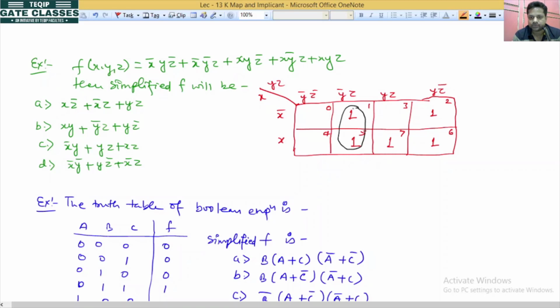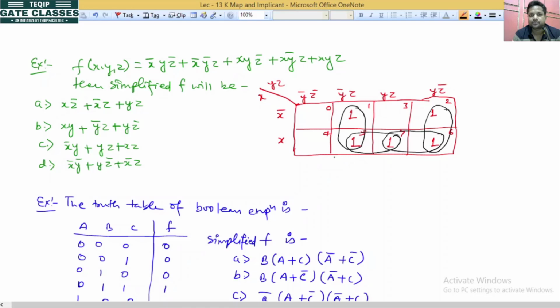So this is one pair, this is one pair, this is one pair, and this one is again one pair. Total 4 pairs are possible in this case.